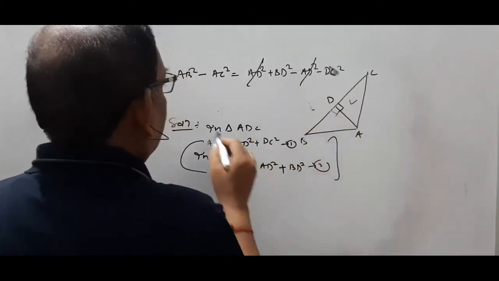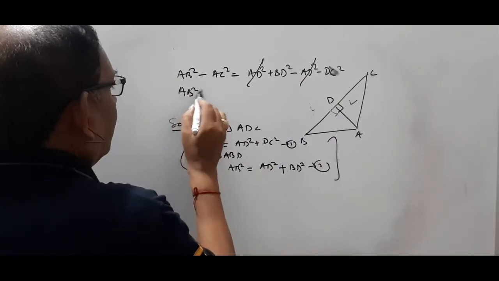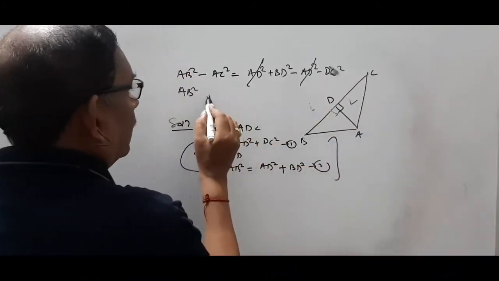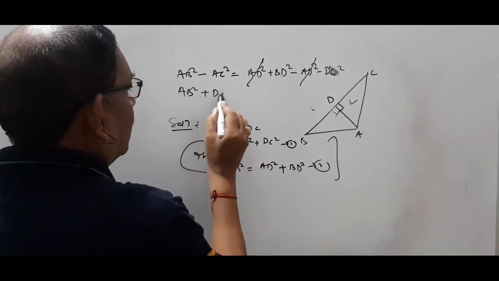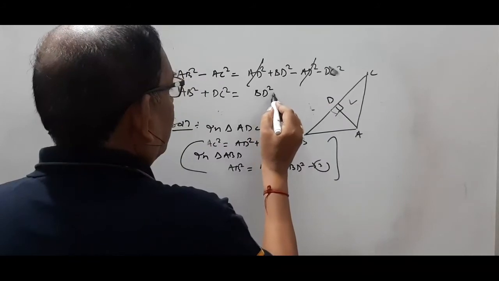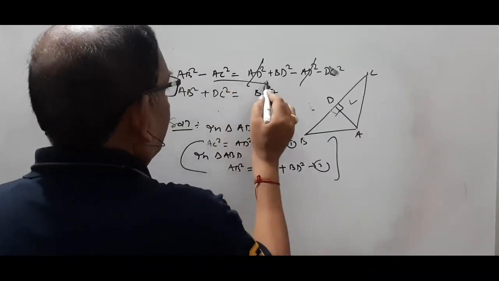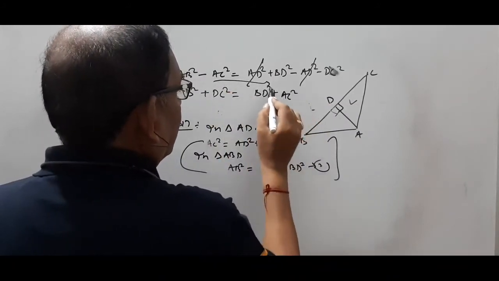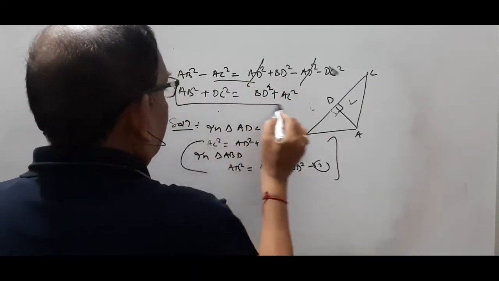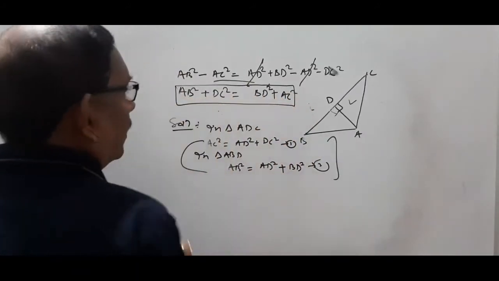Cancelling the factor AD square. Left side is your AB square and BD square. You shift the value here. It is your AC square. Okay. So it is your proving part.